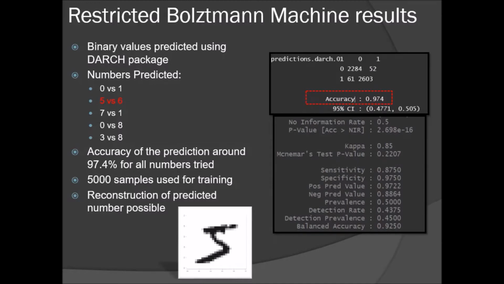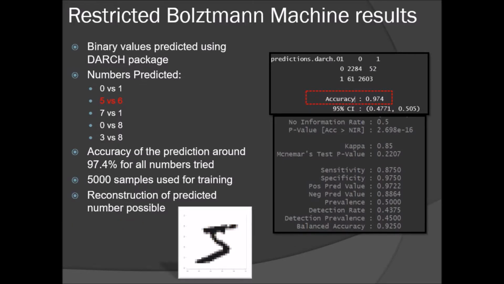I was able to get, on average, 97% accuracy. The accuracy that you see on the slide is for the case of 5 versus 6. And there is something really cool that we're able to do, which is reconstruct the number using the prediction. This is the reconstruction that you see right here of the prediction that the restricted Boltzmann machine gave me.